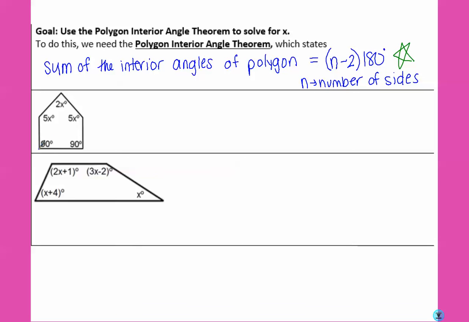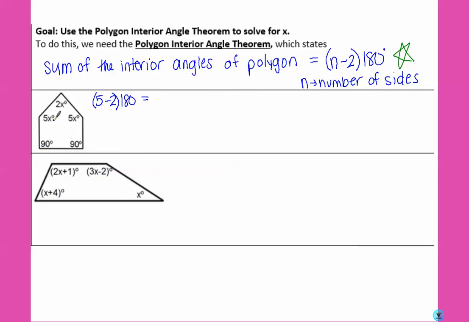So in this figure, we have 1, 2, 3, 4, 5 sides. So we know 5 sides minus 2 times 180 is going to equal whatever we get when we add all these together. Now make sure you're careful and don't leave any of them out.